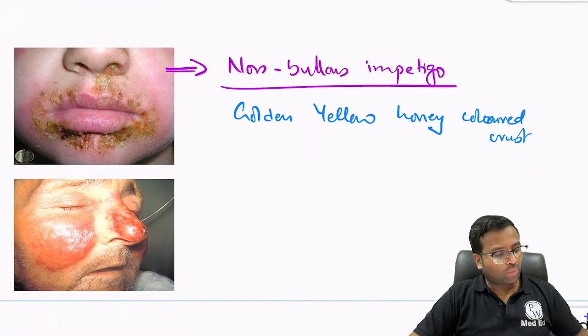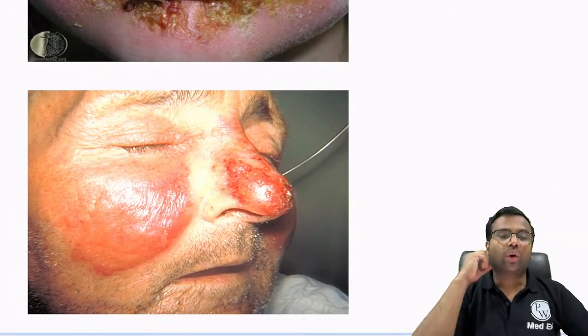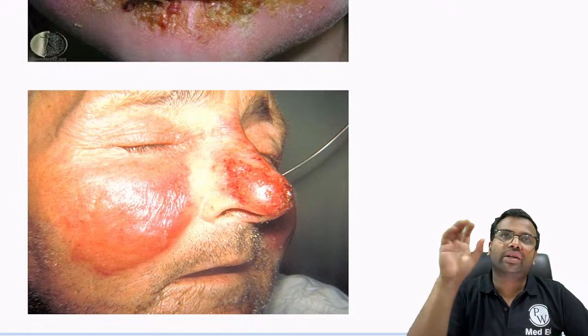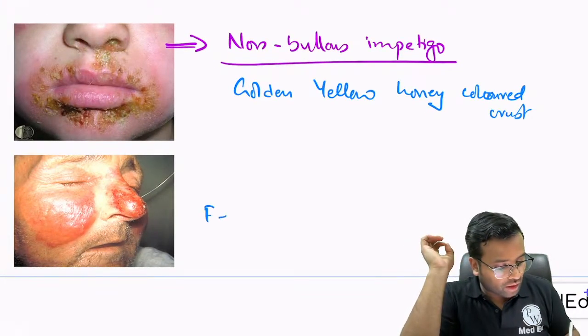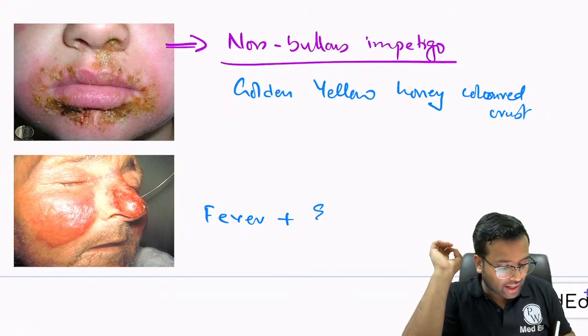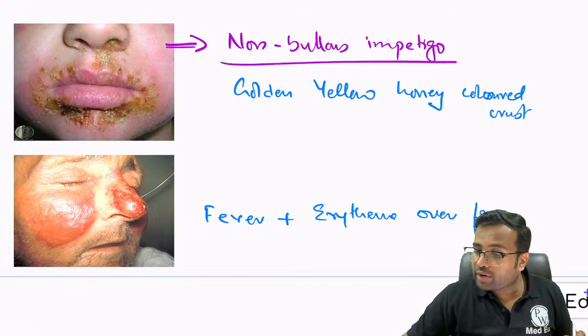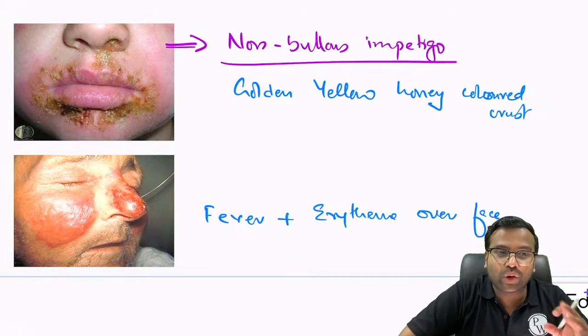Now, let us see one more patient. I'll just zoom this image again for your reference. Now, this patient has come to you and the patient is having some fever. Along with fever, you can see erythema over the face. So fever plus erythema over the face. Any diagnosis that comes to you with this typical clinical finding?